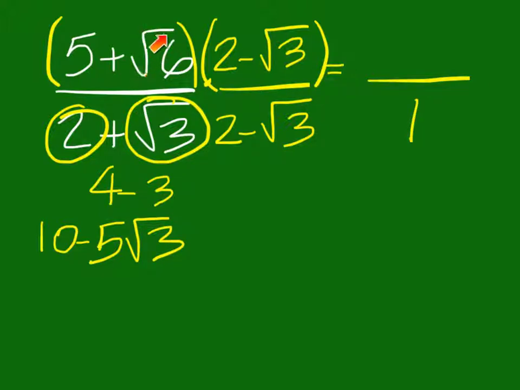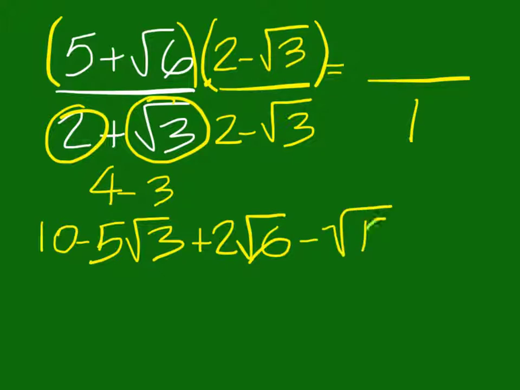Now go to the square root of 6 and have square root of 6 times 2, which is plus 2 square root of 6, and then square root of 6 times the square root of 3. That's going to be minus square root of 18.